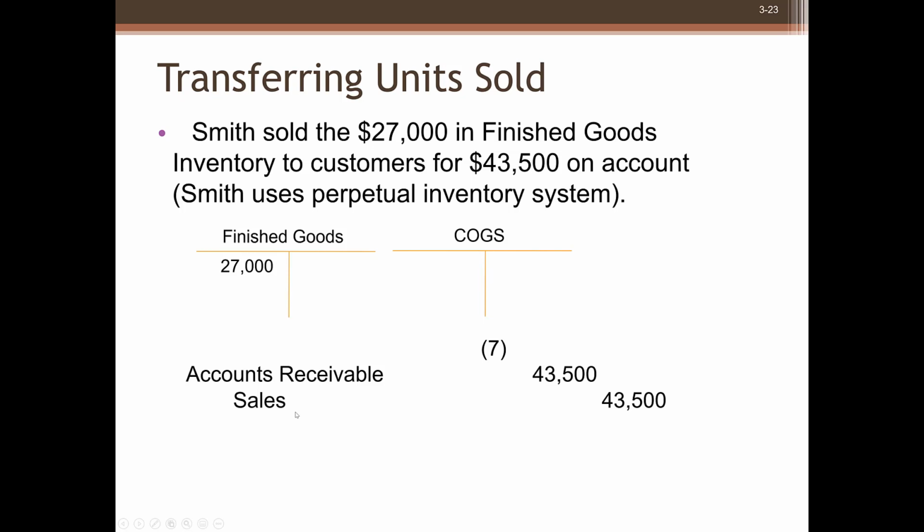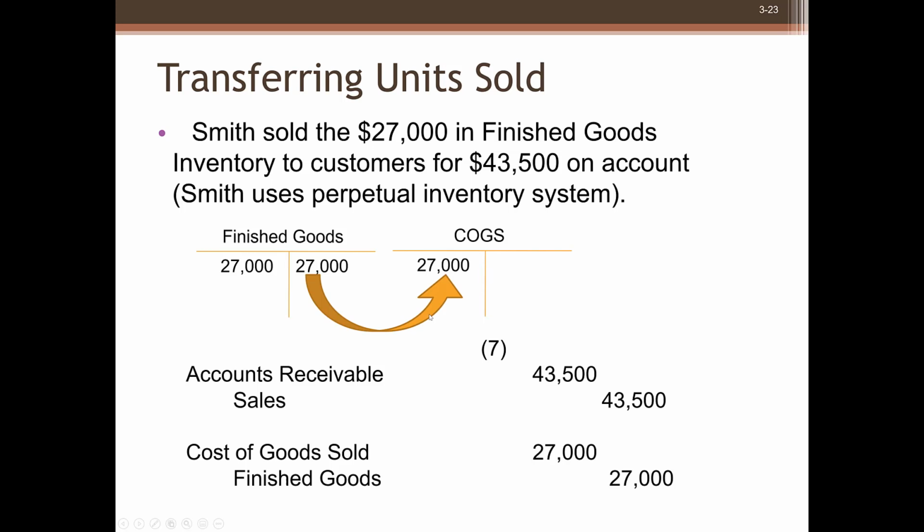And then we credit sales for $43,500. The other journal entry is to recognize the transfer cost from finished goods to cost of goods sold. We debit cost of goods sold, and we credit finished goods at $27,000.